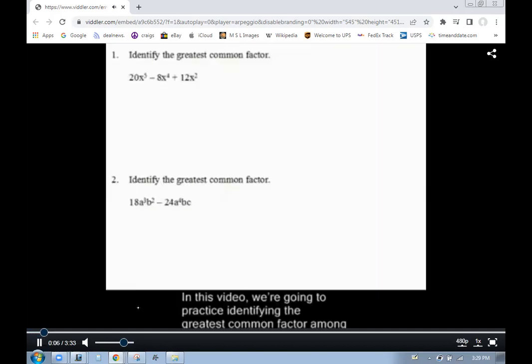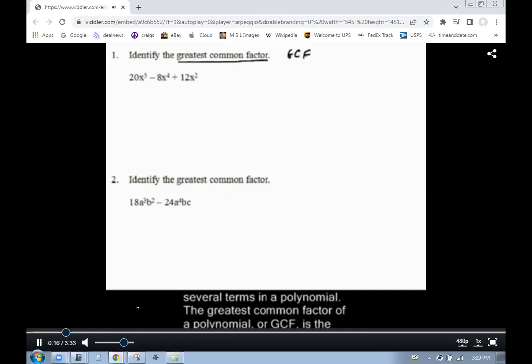In this video, we're going to practice identifying the greatest common factor among several terms in a polynomial. The greatest common factor of a polynomial, or GCF, is the greatest factor that divides evenly into each term. In the first example, we have the polynomial 20x to the fifth minus 8x to the fourth plus 12x squared.